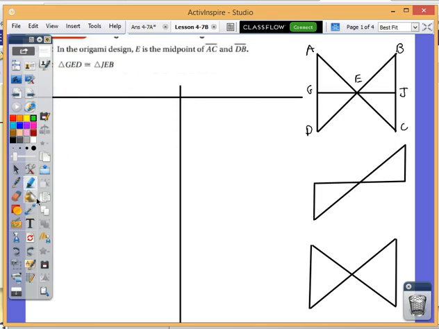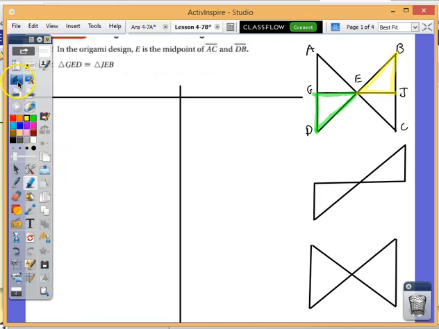So I'm going to highlight those triangles. One of them is triangle GED. And then the other one is triangle JEB. So I'm trying to prove the green triangle congruent to the yellow triangle.